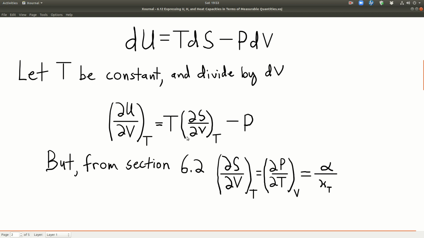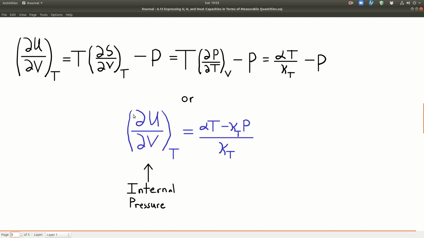But we already showed back in section 6.2 that this term right here, partial S partial V at constant T, is equal to partial P partial T at constant V, and we also showed that's equal to alpha over kappa T. So just replacing partial S partial V at constant T with partial P partial T at constant V, and then alpha over kappa T, the isobaric volumetric thermal expansion coefficient and the isothermal compressibility, we get this expression right here.